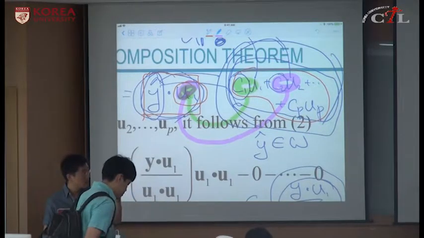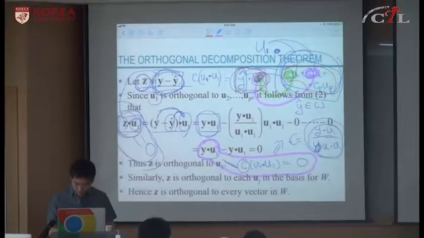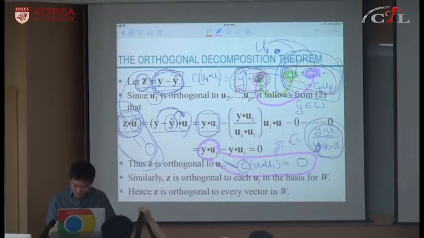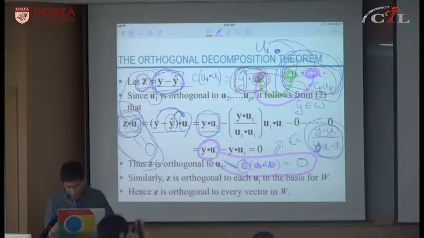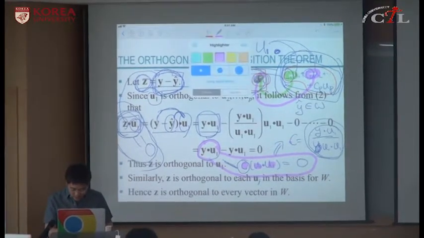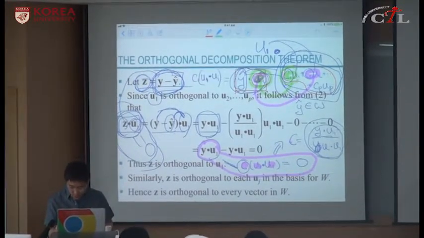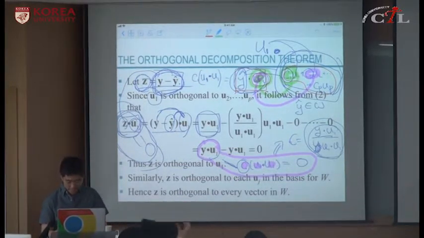So all the remaining parts will just produce zero, and the only part left is c1 times u1 dot u1, which is the inner product of u1 with itself. I'm talking about this green part.